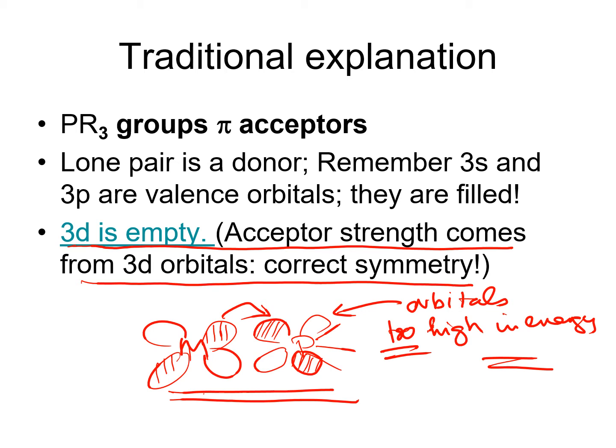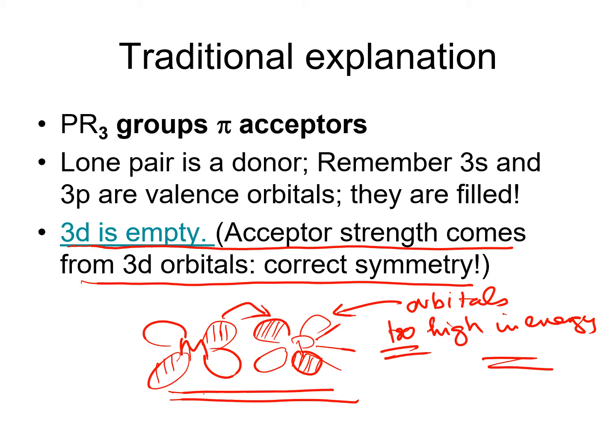But as you go down the group, the separation between the S and P gets larger, so the S can be less involved in bonding compared to the P. So this is what is changing as you go down the group, and you find that the phosphorus PR3 bond angles are determined more by the size of the R group and also by the hybridization tendencies.